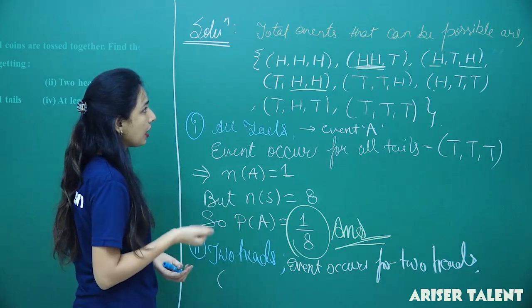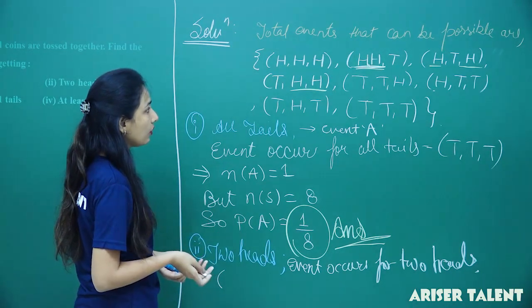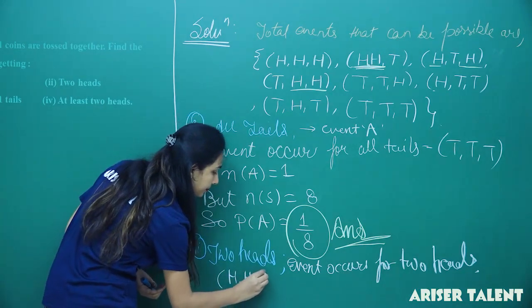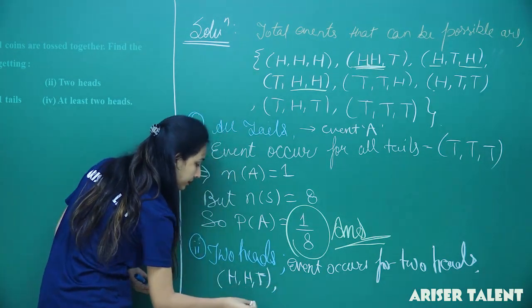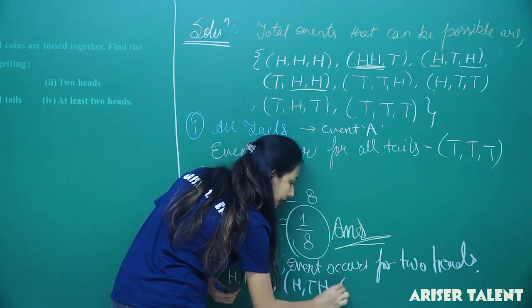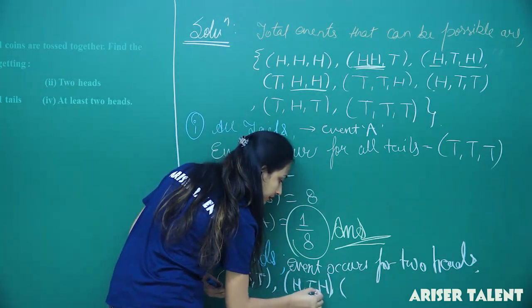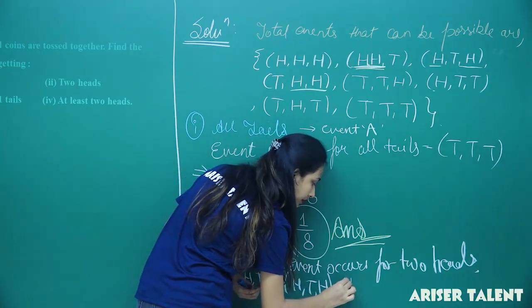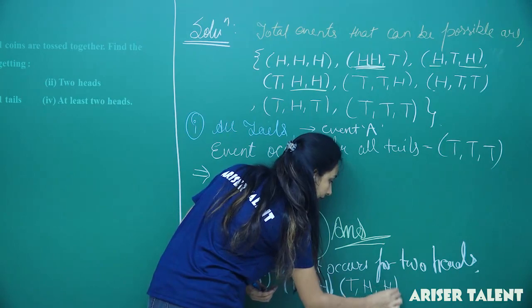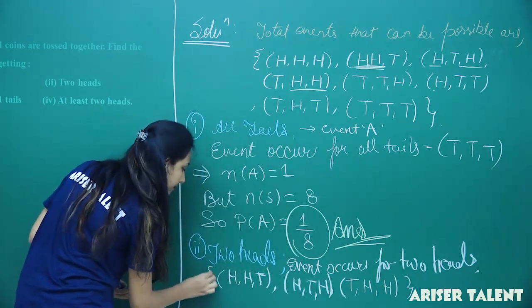Which are the possible outcomes here? That is head, head, tail; then head, tail, head; and then tail, head, head. These are 3.